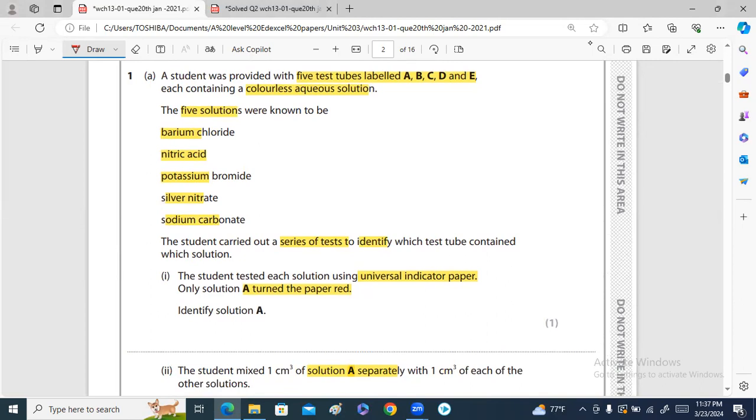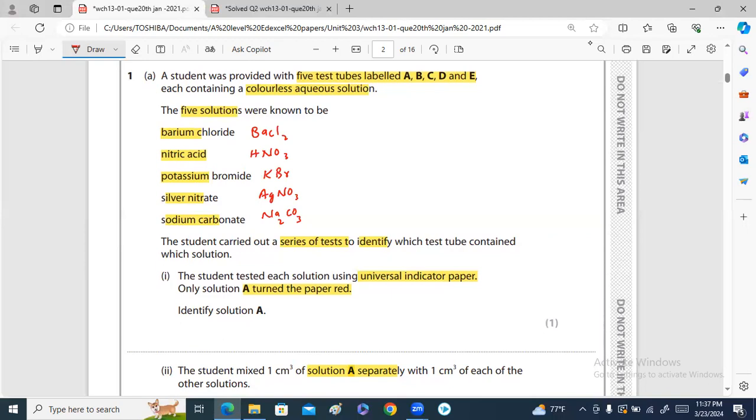Let me tell you some important points regarding your solutions by using your specification. Barium chloride is BaCl2, nitric acid is HNO3, potassium bromide is KBr, silver nitrate is AgNO3, and sodium carbonate is Na2CO3.